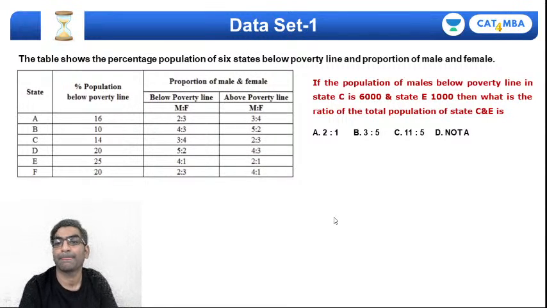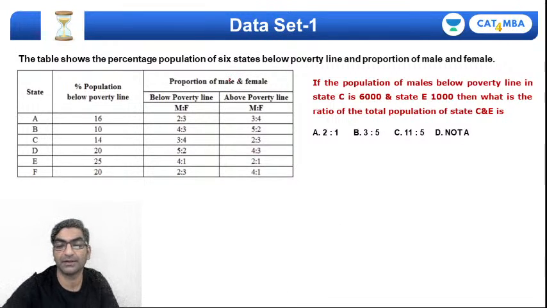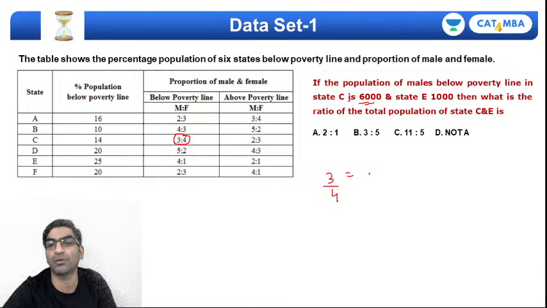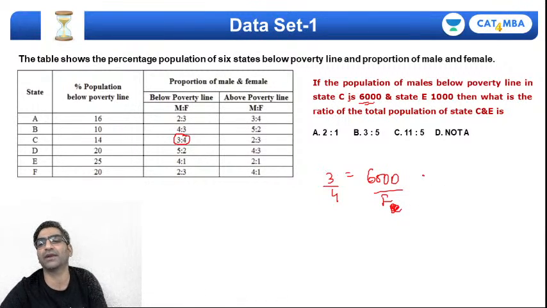Okay. Here's another one. Population of males below poverty line in state C is 6,000. Go back to that ratio in state C. Below poverty line, the ratio is 3:4, so 3/4 will be males below poverty line, that's 6,000 divided by females below poverty line, F. What will I get for F? 3 into 2,000 is 6,000.